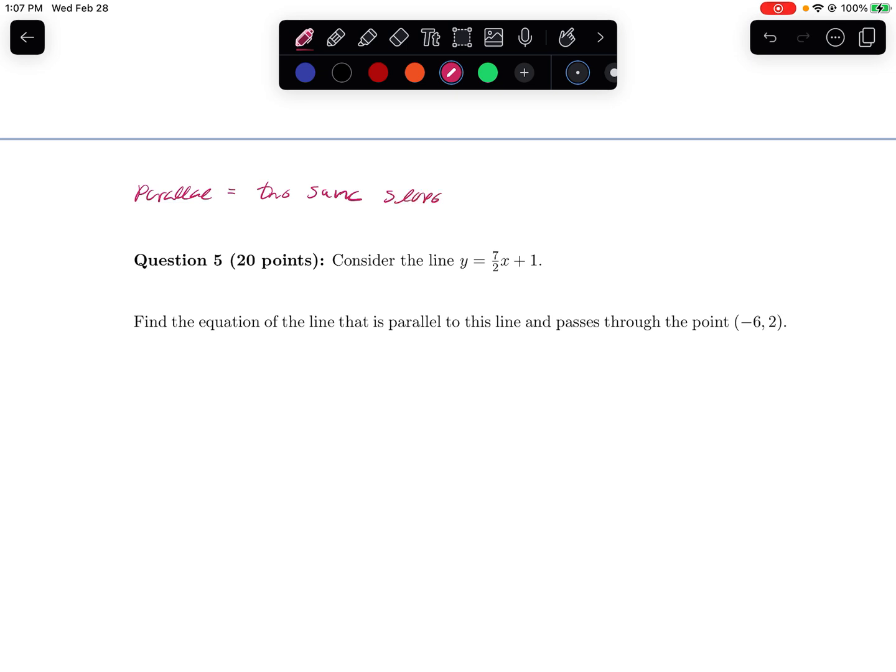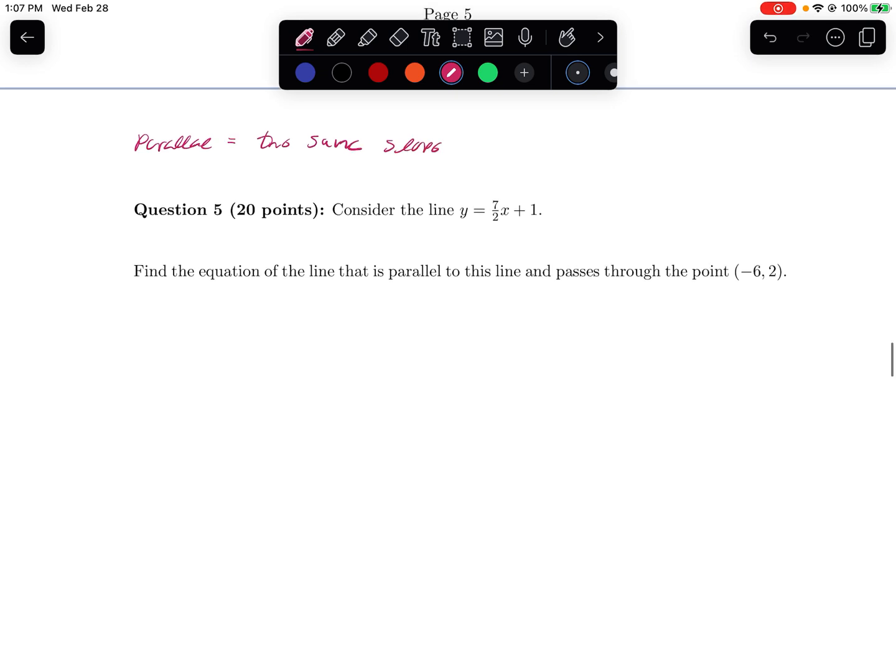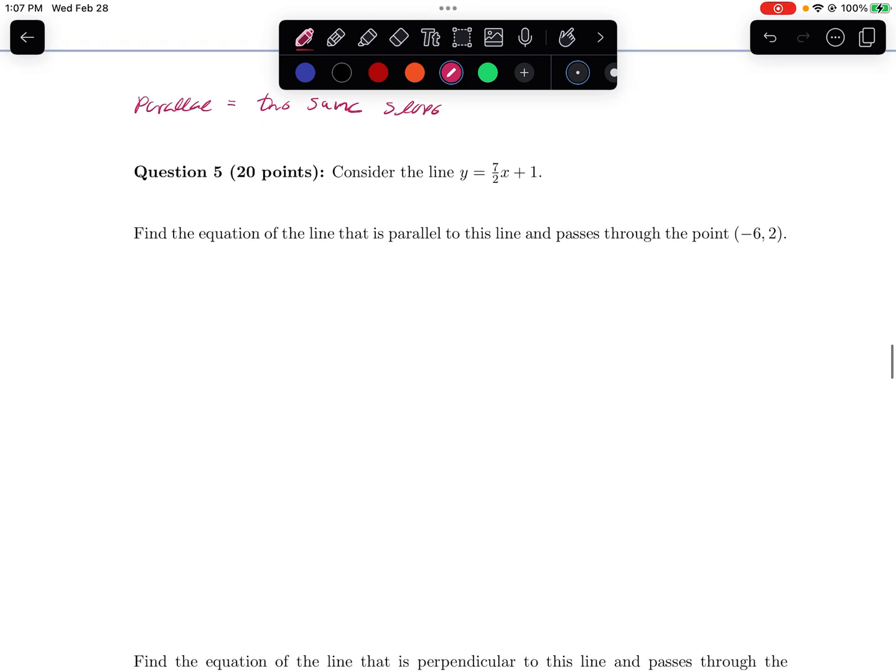So a parallel line is going to have the form y = 7/2 x + b. We don't know what b is yet because we can't deduce anything about the b value just from the fact that it's parallel. That's where we use this point.